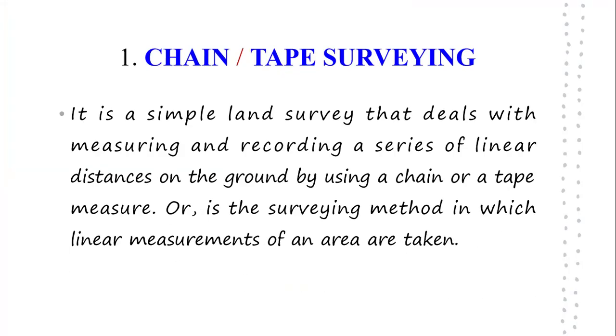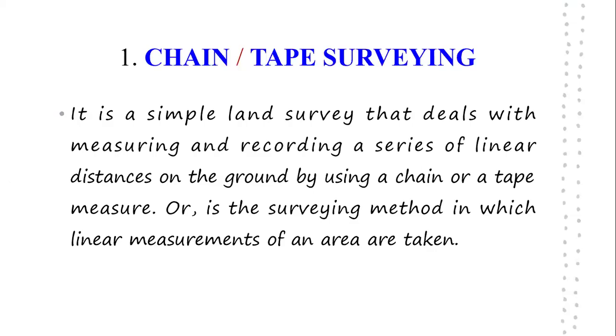So today, let's discuss the first one, that is the chain or the tape surveying. So this is the first method which we'll be discussing in this video. It is a simple land survey that deals with the measuring and the recording of a series of linear distances on the ground by using a chain or a tape measure.